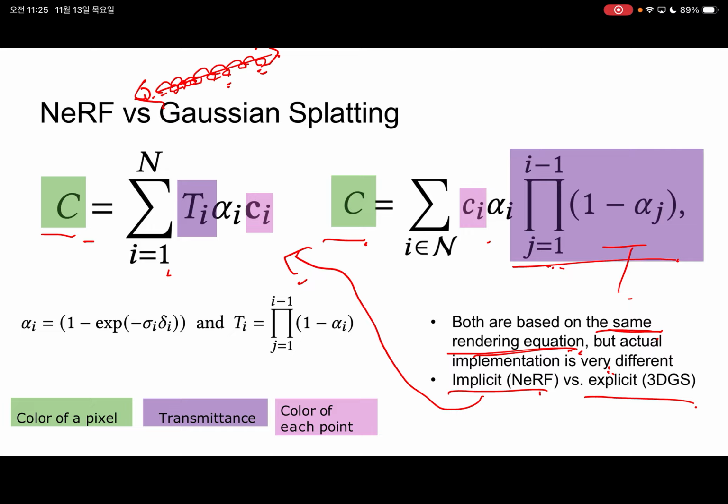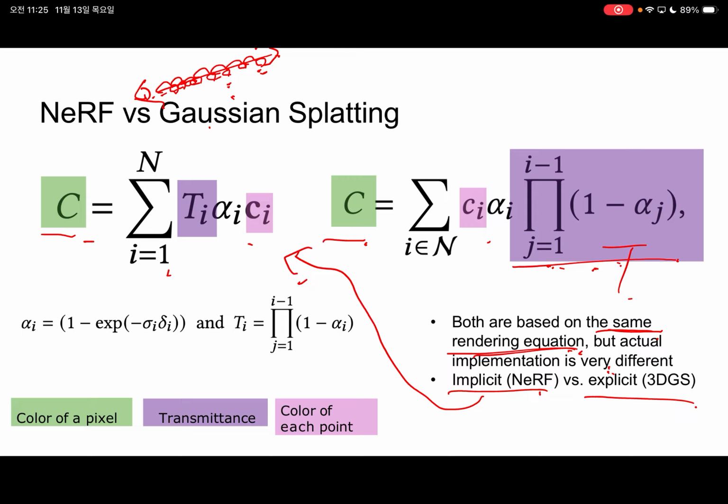So the mathematical representation is almost the same, but how to implement it is very different. NeRF is a combination of ray marching and a learned function. 3D Gaussian splatting is Gaussian projection and then alpha blending, right?